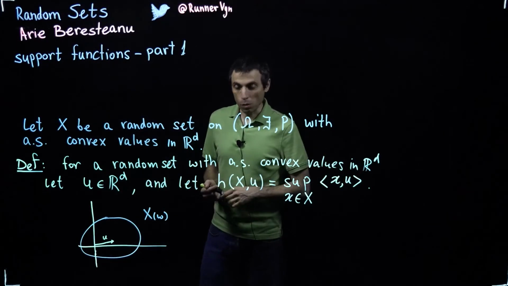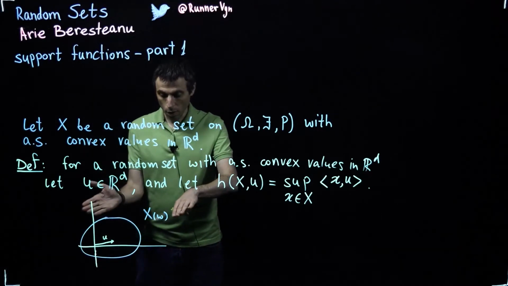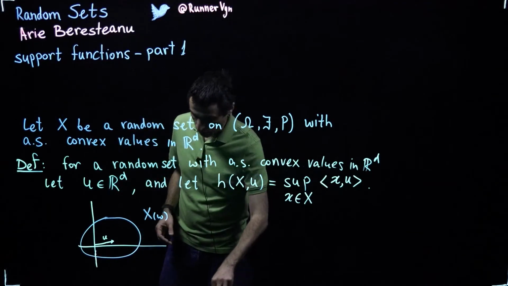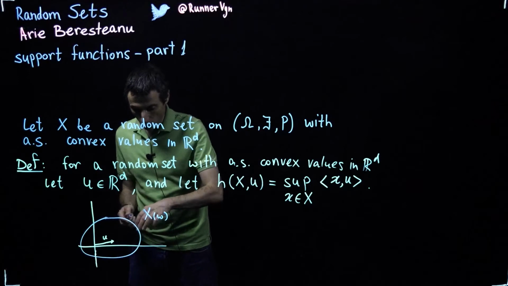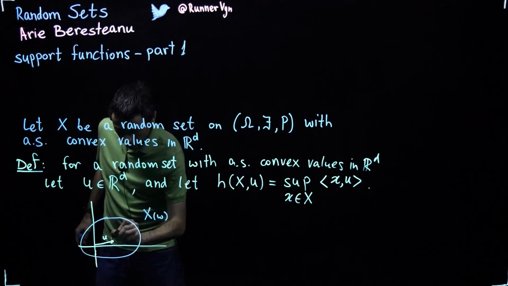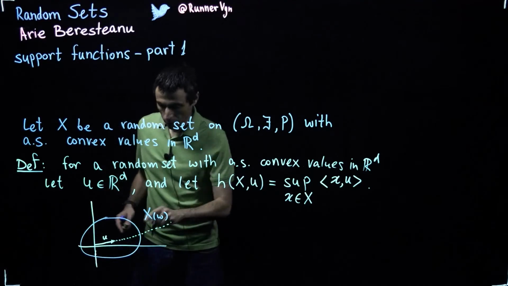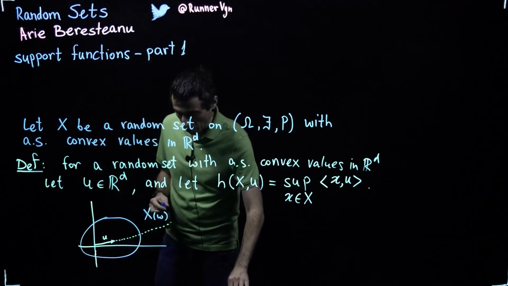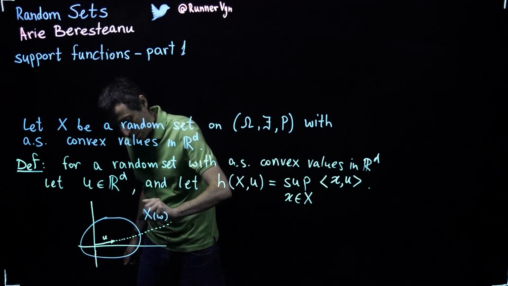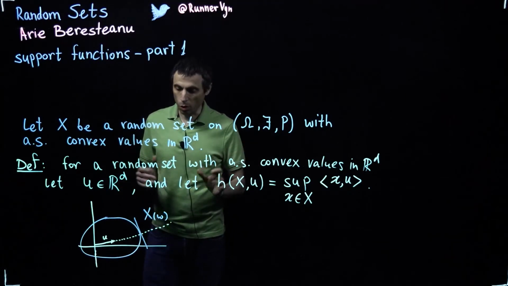So this supremum says go in this direction and see how far you can go until you leave the set X(ω). We can extend this line imaginary. Here we have left the set X. So the support is going to be the tangent at this point. That's as far as we can go in this direction.